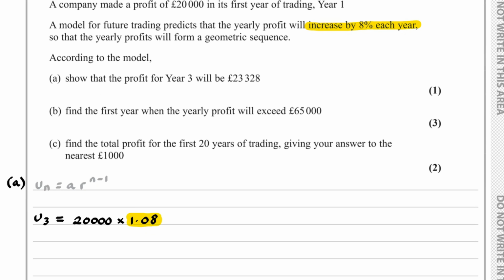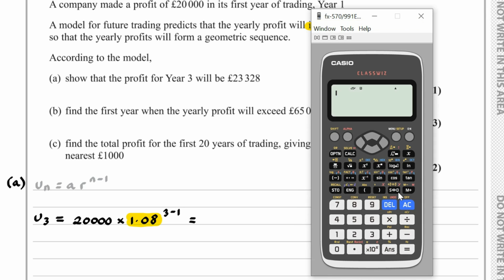And then we will raise this to the power of 3 minus 1. So therefore, if we work out what u3 is, 20,000 multiplied by 1.08 to the power of 3 minus 1, we get 23,328.